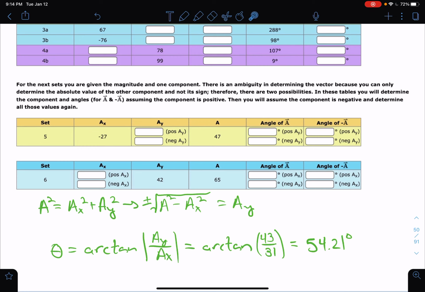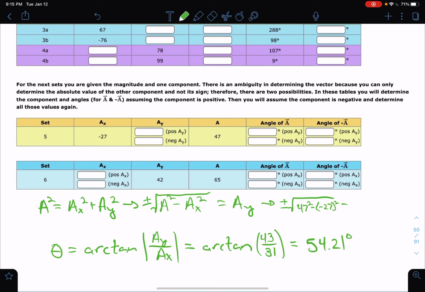So if I was doing that here, I'll just go ahead and work this out a little bit. So I'm going to have plus or minus the square root of, let's see, this is going to be 47 squared minus negative 27 squared.